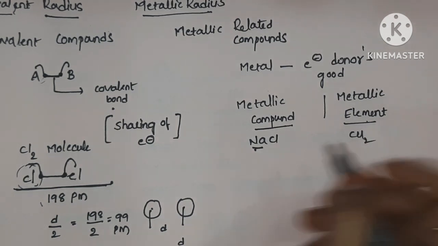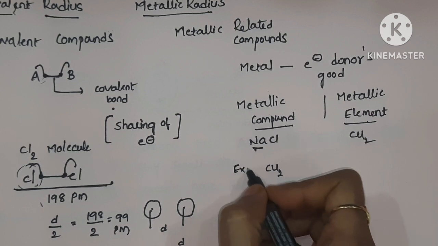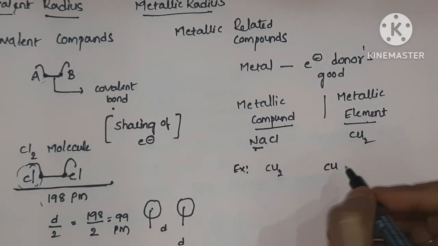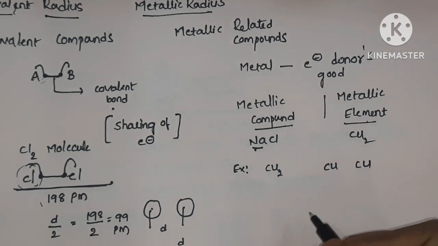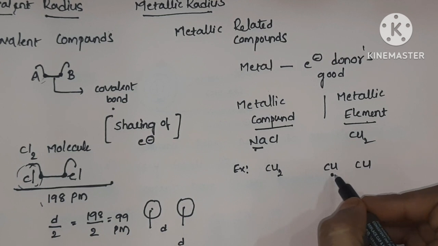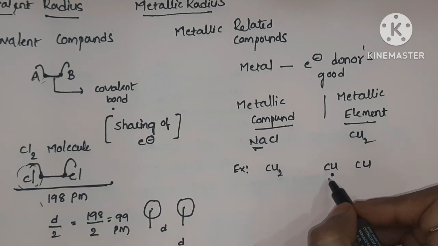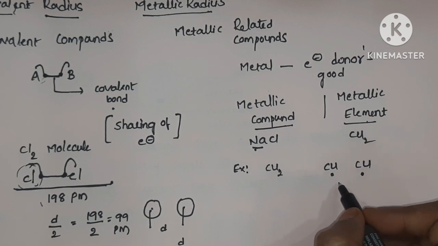So copper atom, one copper atom, another copper atom. The metallic radius is half of the internuclear distance separating the metal cores in the metallic crystal.